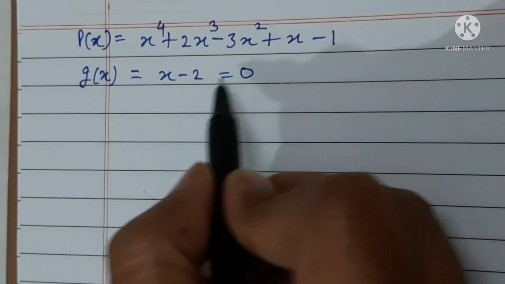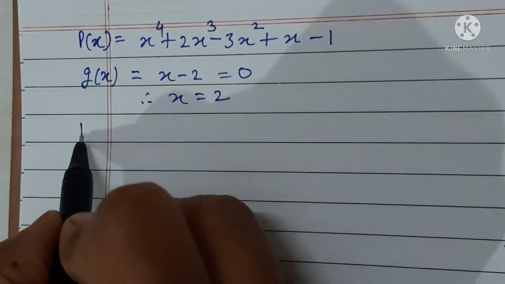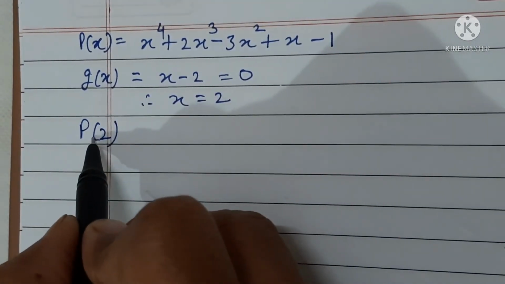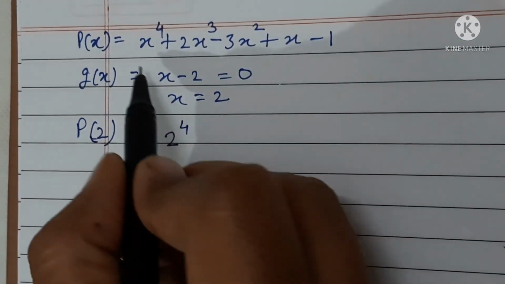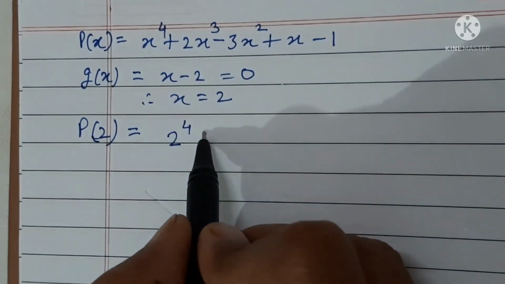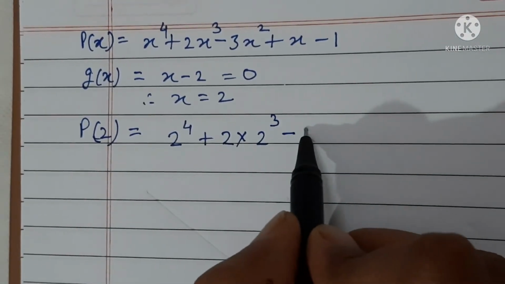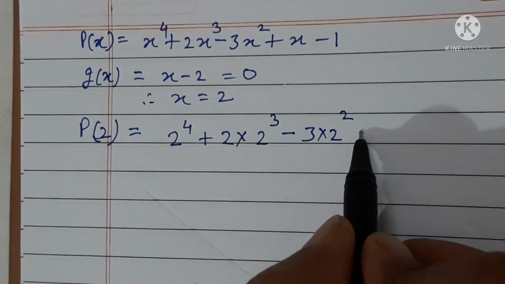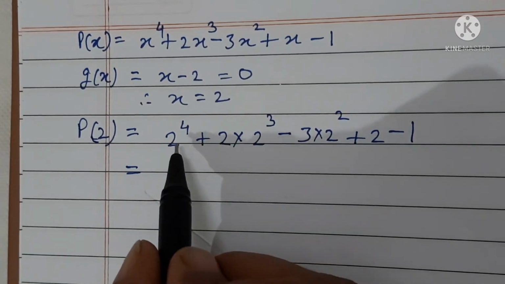This thing is equal to 0, therefore x is equal to 2. P2 is equal to 2 to the power of 4 when you substitute in this polynomial the value of x, plus 2 into 2 cube minus 3 into 2 square plus 2 minus 1. Solve it.